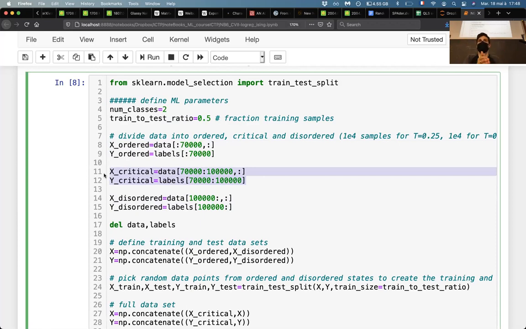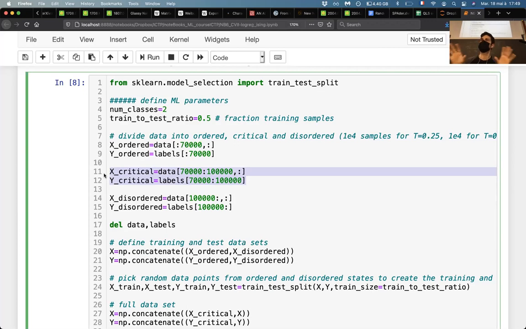Because there is a crossover, the transition is not sharp at finite size. So if we are very close to the phase transition, it's arbitrary to say if you are on the left or on the right of the transition, because there is no actual transition at finite size. So what we're just saying is that for a certain range of temperature, which is close to the asymptotic phase transition temperature, we label the points as critical, okay?